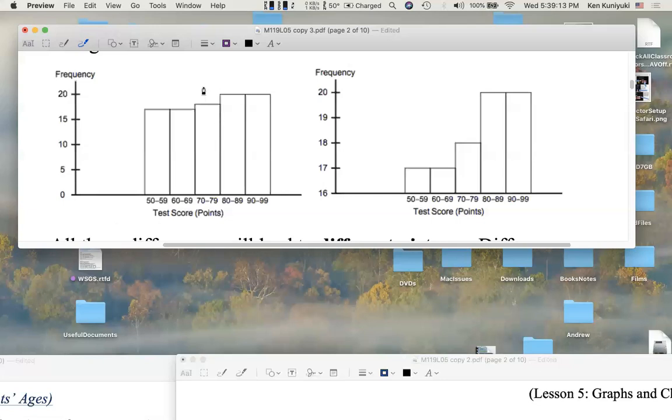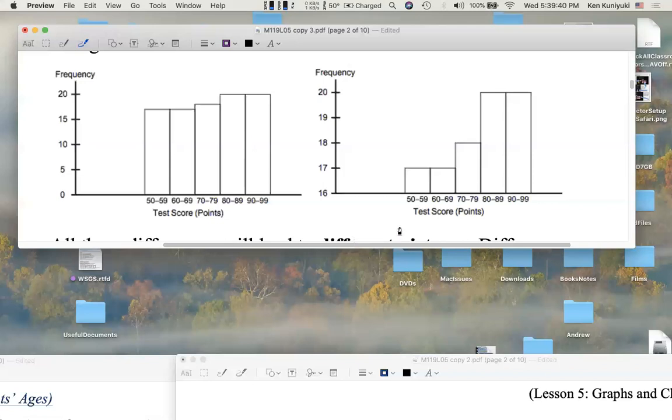baseline. That seems natural. And the teacher is reporting 20 A's, 20 B's, 18 C's, 17 D's, and 17 F's. Guess what? Teacher B had the exact same results: 20 A's, 20 B's, 18 C's, 17 D's, 17 F's.